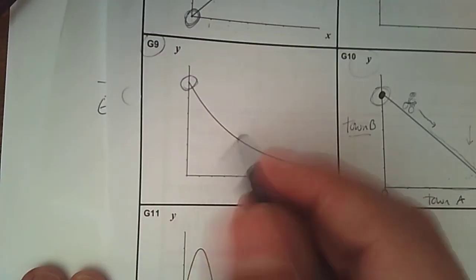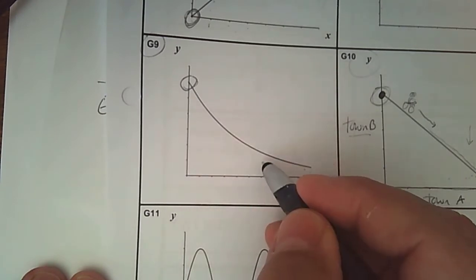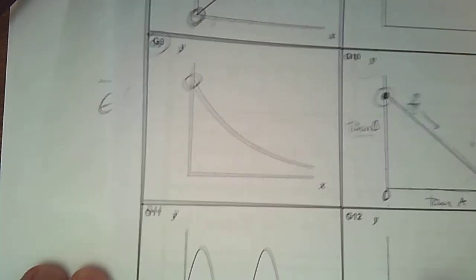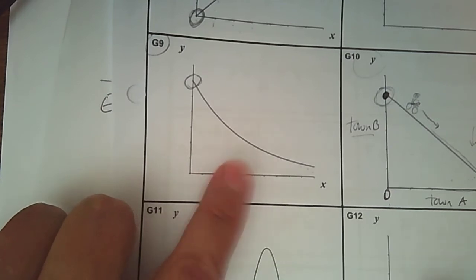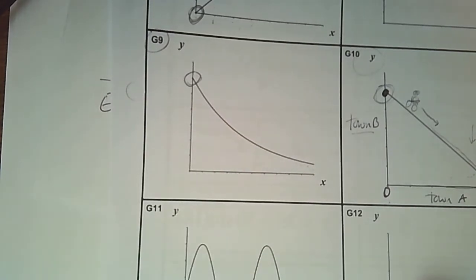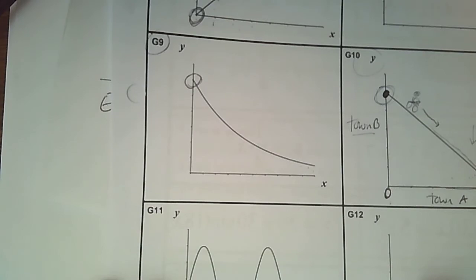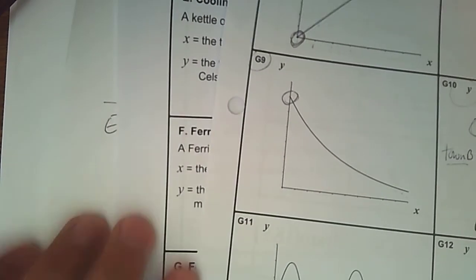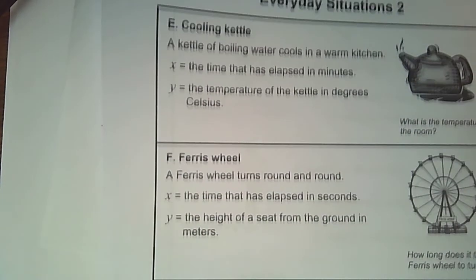And the answer is, this one matches in terms of what's going to happen to that kettle as it cools. Now, when I see this equation, which one do you think will match that equation? So what does it look like that it could be? There's no vertical asymptote, but there definitely looks like a horizontal asymptote.